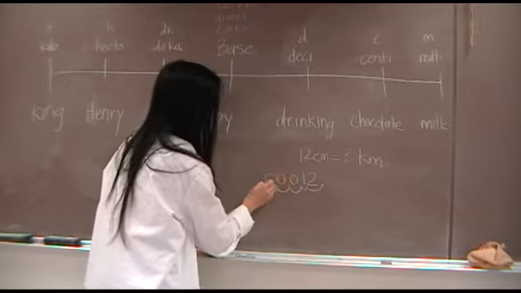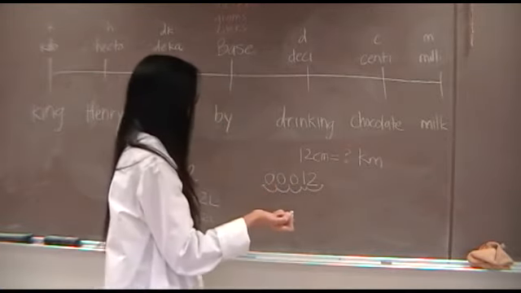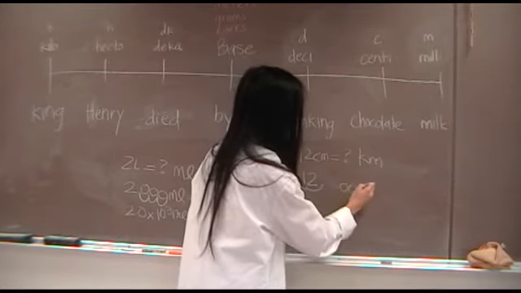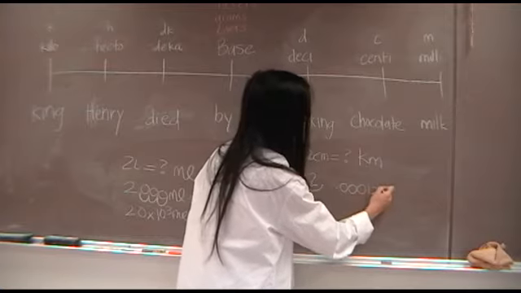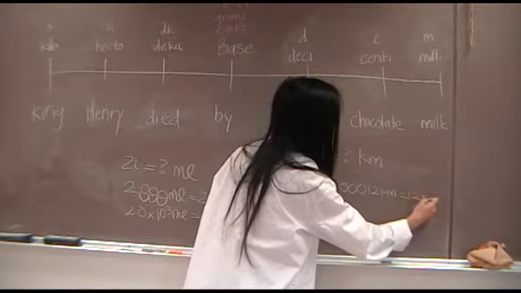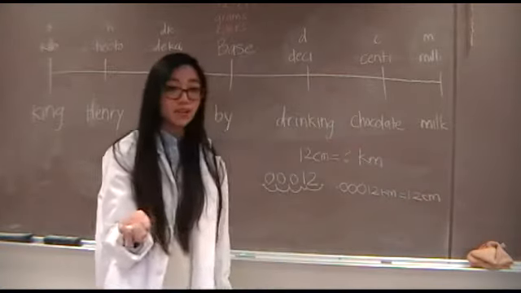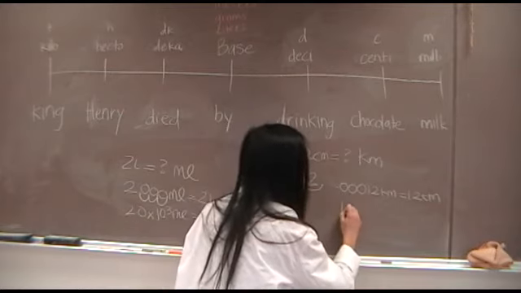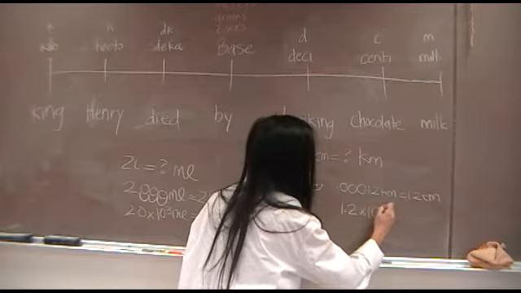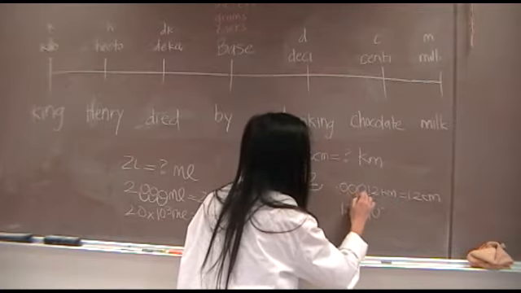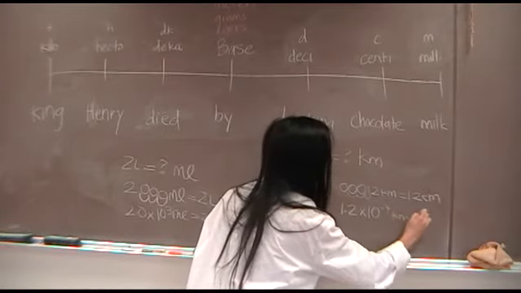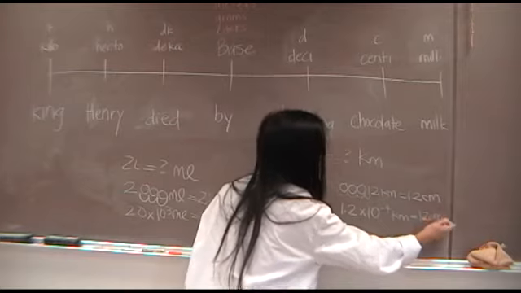This means we have 0.00012 kilometers in 12 centimeters. And in scientific notation, that would be 1.2 times 10 to the negative 4 kilometers in 12 centimeters.